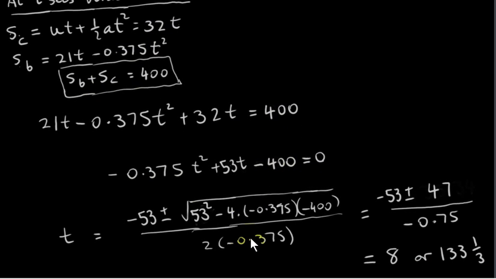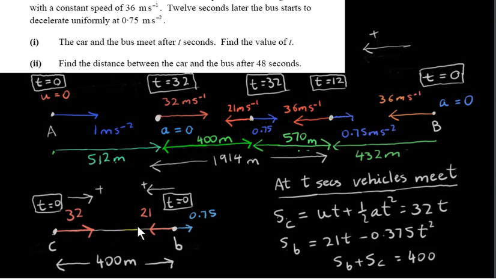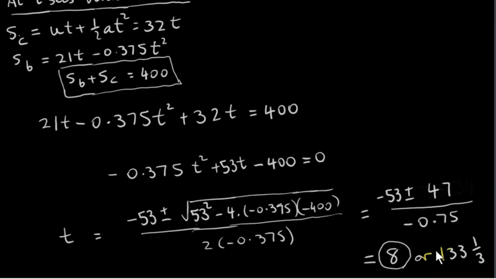If we solve this quadratic equation, we get two values for the time for the vehicles to meet. One answer is 8 seconds, the other answer is 133 and a third seconds. Now, the smaller time is the answer to this question. After 8 seconds, the two vehicles will meet at some point, and this distance plus this distance will equal 400 meters.